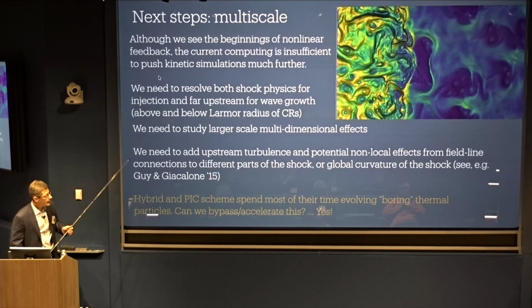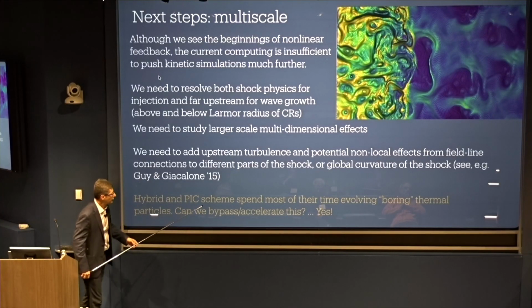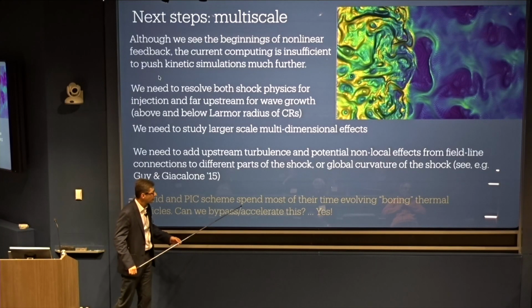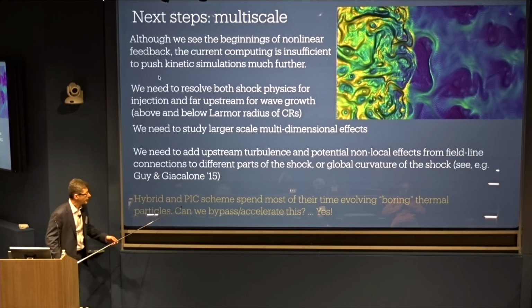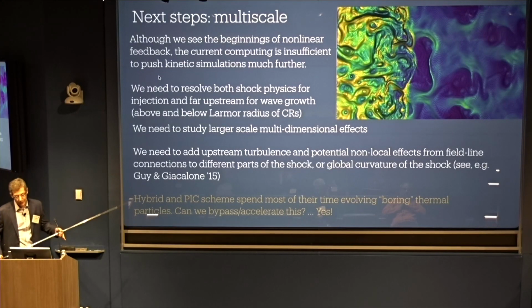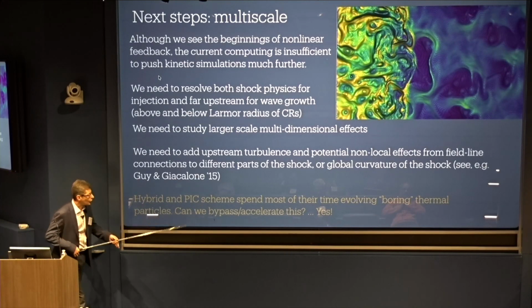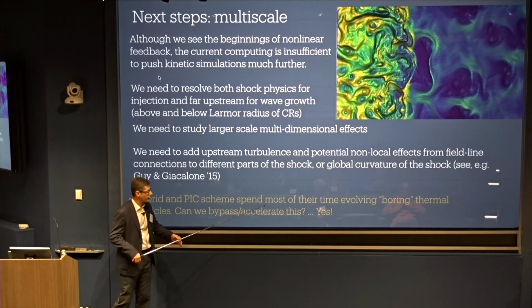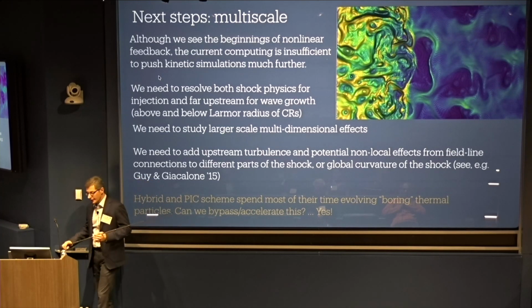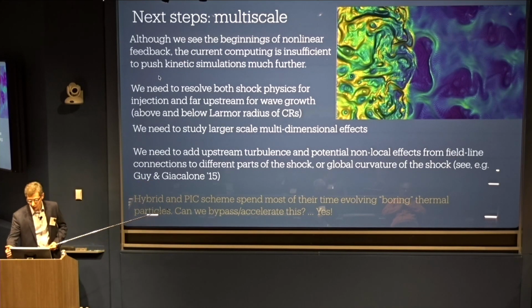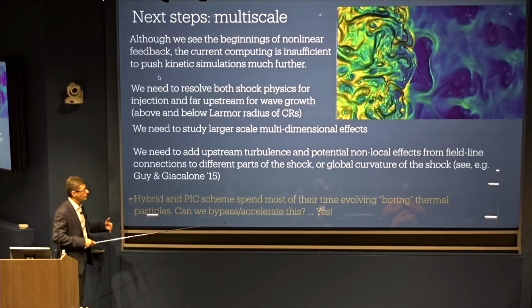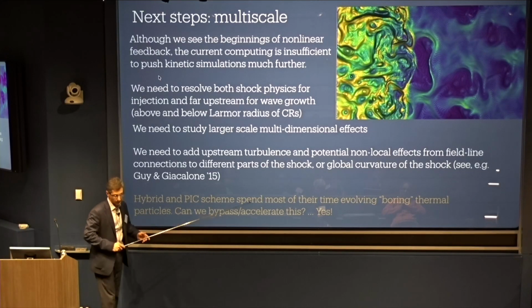So how we do that is to simplify our simulations, because most of the time in our PIC simulations is spent evolving thermal particles. Most of the particles are thermal and therefore boring. So what we want to do is to somehow simulate only the interesting ones and not simulate the boring ones.